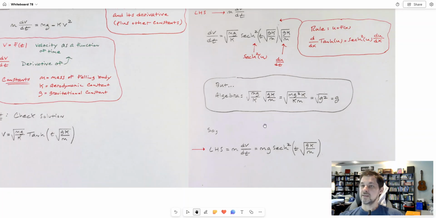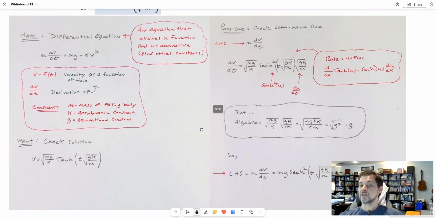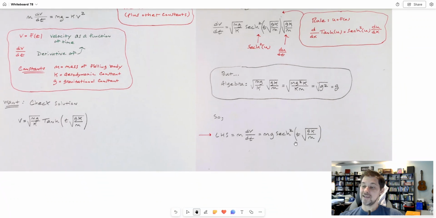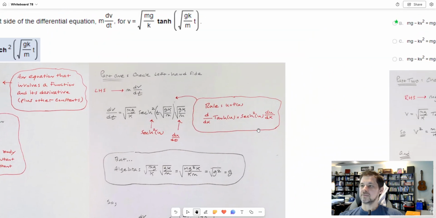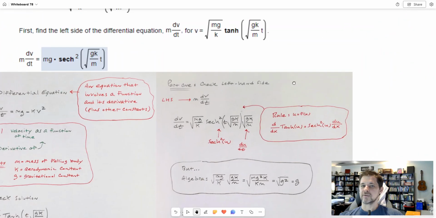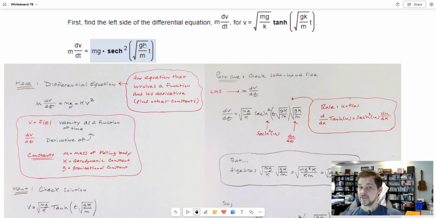Okay? Now, if I am going to show that this function is a solution to that, I need to show that the right-hand side gets me the same thing. Okay? So now, let's look at the right-hand side. Oh, and in my math lab, our first objective is to figure out the left-hand side and say what it reduces to.